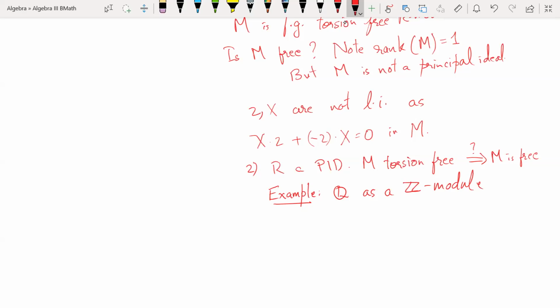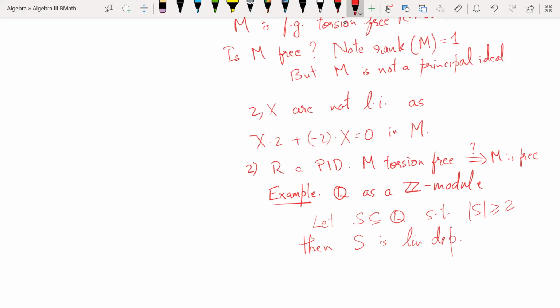Why? Its rank is necessary here. So you take any set which is bigger than 1. Let S contained in Q be a subset such that the size of S is greater than or equal to 2. Then S is linearly dependent.